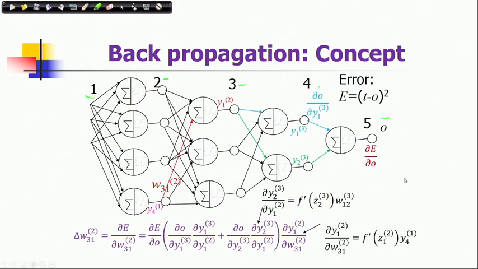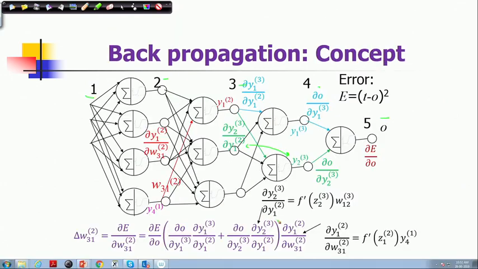So, delta E delta O, delta y13 and delta O delta y23 and this one. This particular thing, delta y23 delta y12, which means this part, can be computed as the block f dash z23 and w12.